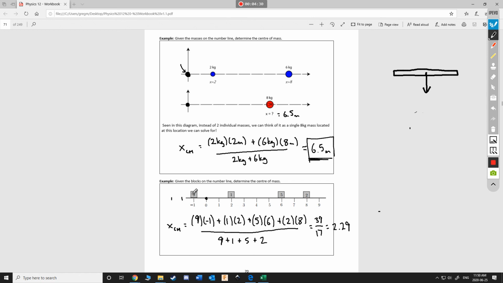So even though we have all these different masses, because that 9 is so much bigger, the center of mass for all of them will be considered around here. So instead of thinking of it as 1, 2, 3, 4 objects acting on this line, we can think of it as a single object of mass 17 kilograms, or 17 units of mass, whatever it is, located at 2.29.